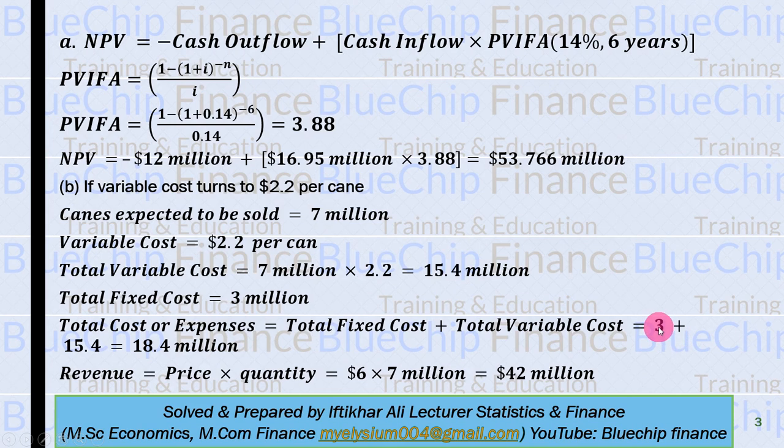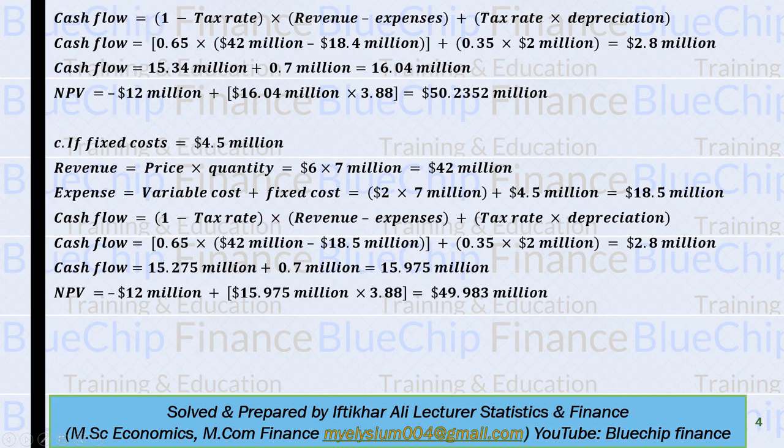Fixed cost is 3, and depreciation we already calculated as 2 million per year. So your revenue will be 42 and your cost is 18.4 million. Applying the same formula once again, in the second case your NPV becomes 15.2352. You can pause the video and see the calculation.